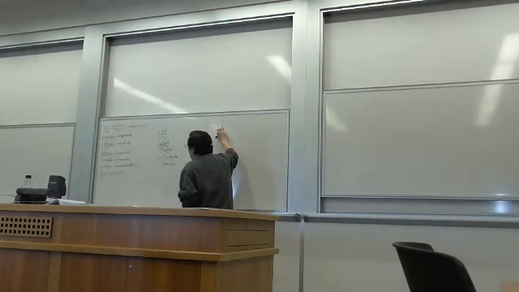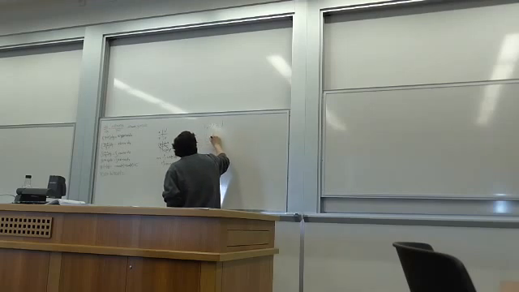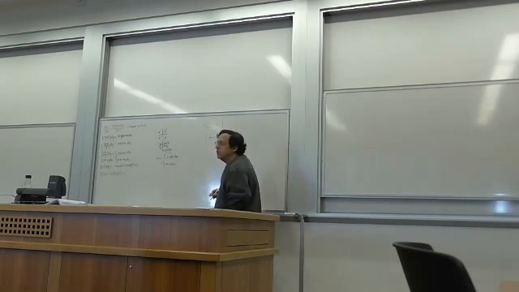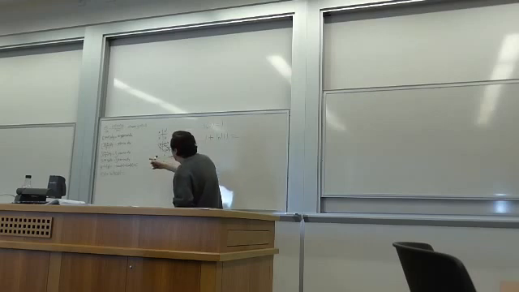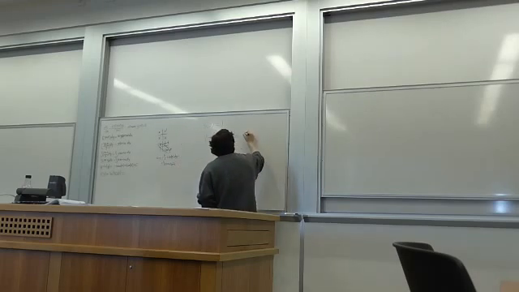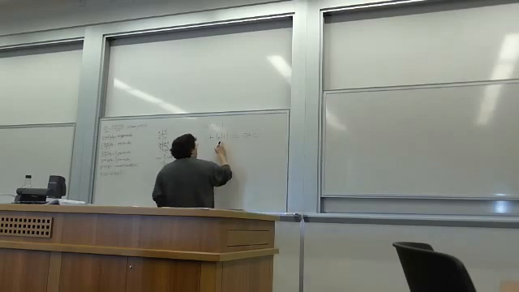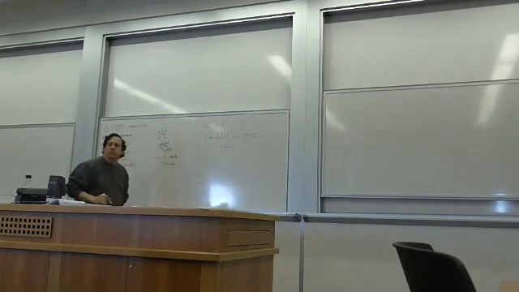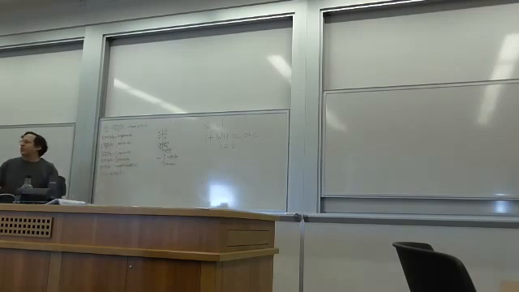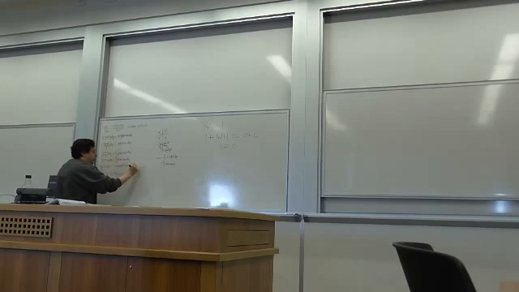So y of 0 is 1, so that means 1 plus, what's the log of 1? Equals, we plug in 0 here, what do we get? 0 plus c, right? And this is 0, so we just have 1 equals c. So that gives us our specific solution, which is just replace this with a 1.